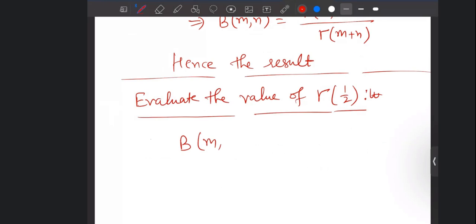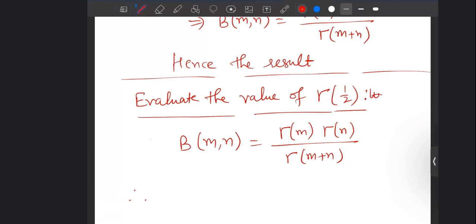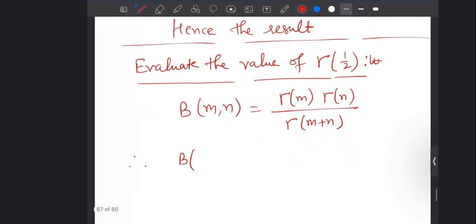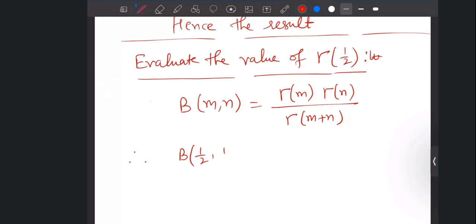Since beta m, n is equal to gamma of m into gamma of n divided by gamma of m plus n, therefore let us consider m as 1 by 2 and n as 1 by 2, because this relation is true for every positive value of m, n. So it is also true for some particular positive values, that is 1 by 2. It will become gamma of 1 by 2 and gamma of 1 by 2 divided by gamma of 1 by 2 plus 1 by 2, that is 1.